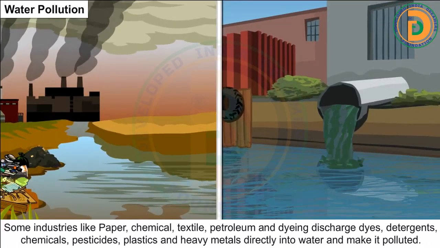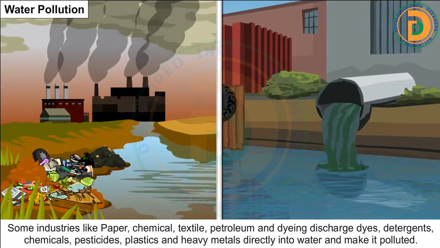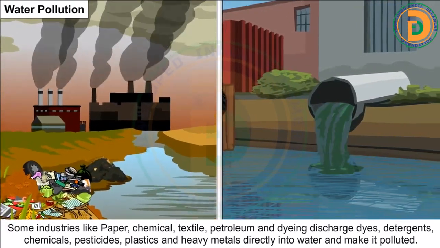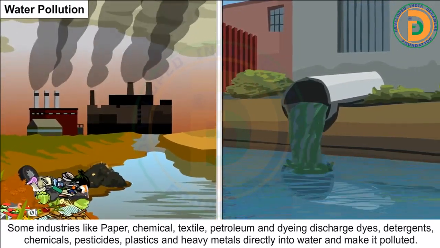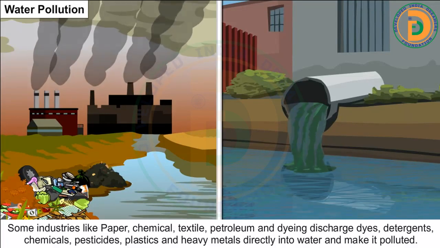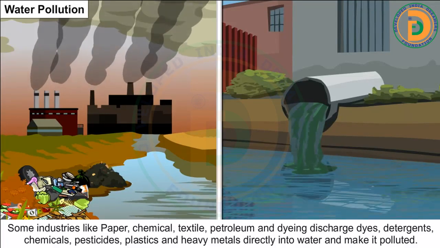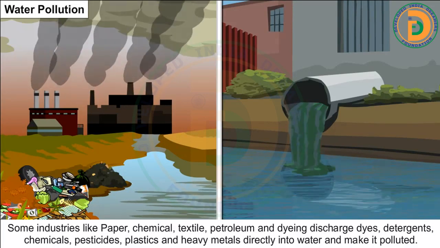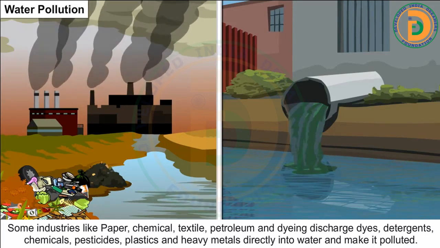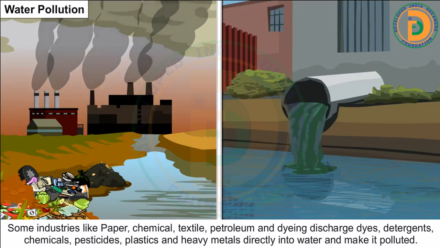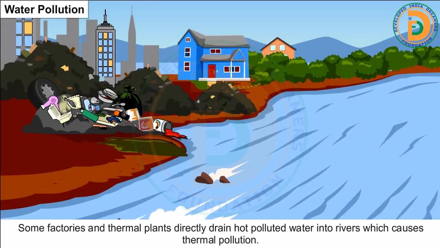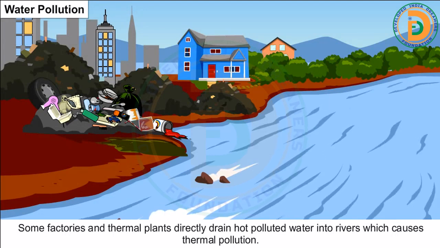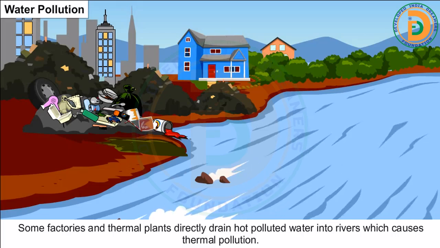Some industries like paper, chemical, textile, petroleum, and dyeing discharge dyes, detergents, chemicals, pesticides, plastics, and heavy metals directly into water and make it polluted. Some factories and thermal plants directly drain hot polluted water into rivers, which causes thermal pollution.